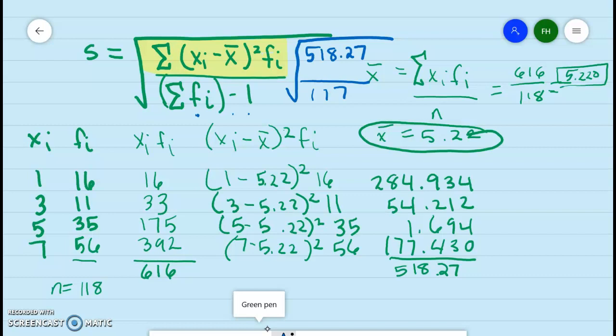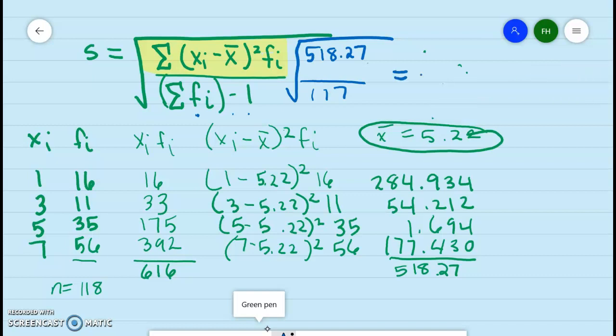So what we're going to do, I'm going to erase this formula right here. You're going to round before you take the square root. It's going to be 4.4296, so that's going to have to be rounded to 4.430 or 4.43.